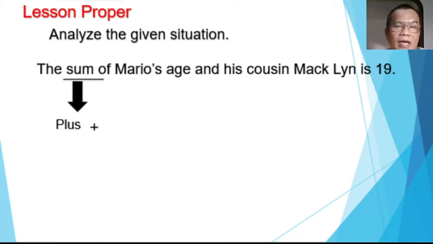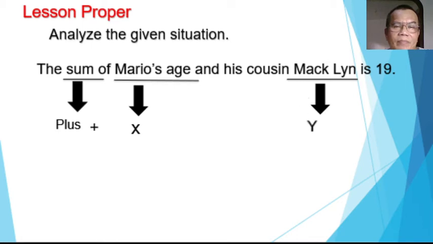And Mario's age can be expressed into symbol as X. And his cousin McLean can also be expressed as Y. And in math, "is" means equal. And of course, you have to bring down the 19.